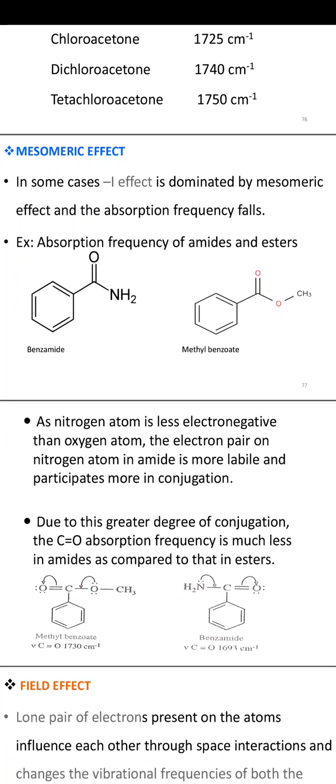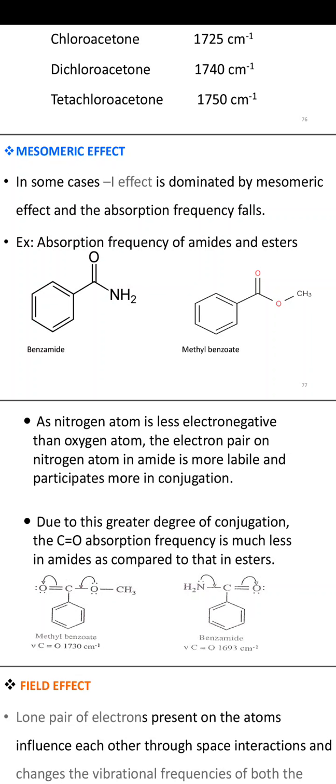Why? Because the amide nitrogen is less electronegative than oxygen. Both benzamide and methyl benzoate have electronegative atoms, but here one is nitrogen and here it is two oxygen atoms.